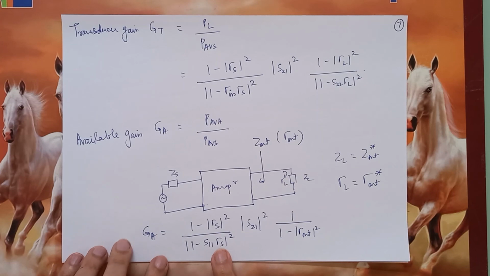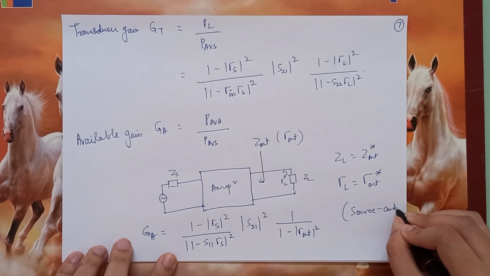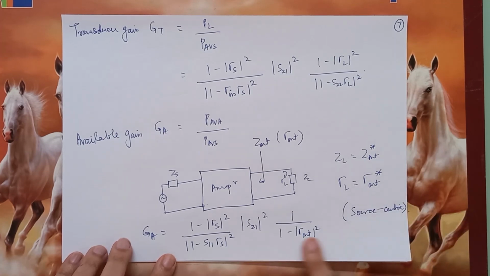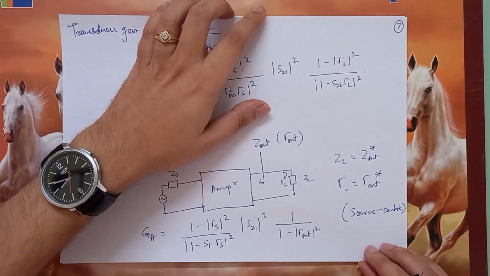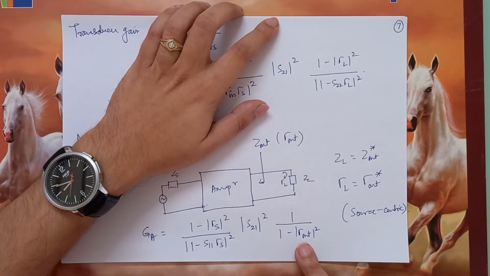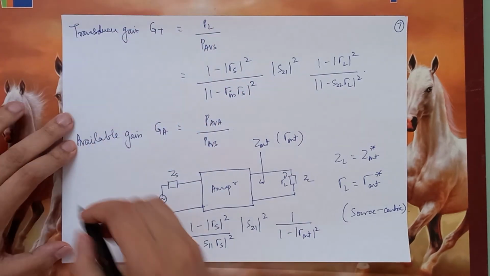So what you will see now, GA depends only on the source parameter. Therefore this is source centric. Gamma out is the opposite of gamma in, so the formula is also kind of the opposite of the formula for gamma in.